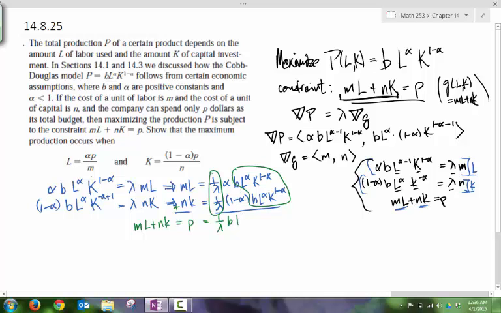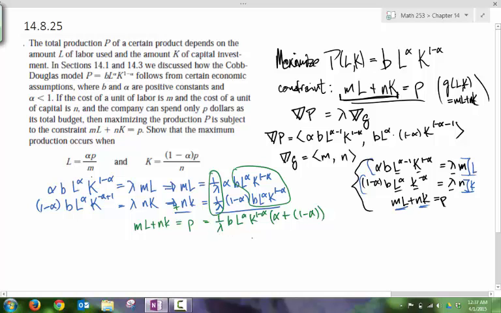So that's b, L to the alpha, k to the 1 minus alpha. And then what do we have left after we add? We have alpha plus 1 minus alpha. And then we'll see that that simplifies. You get the alphas canceling out, and that's just 1.